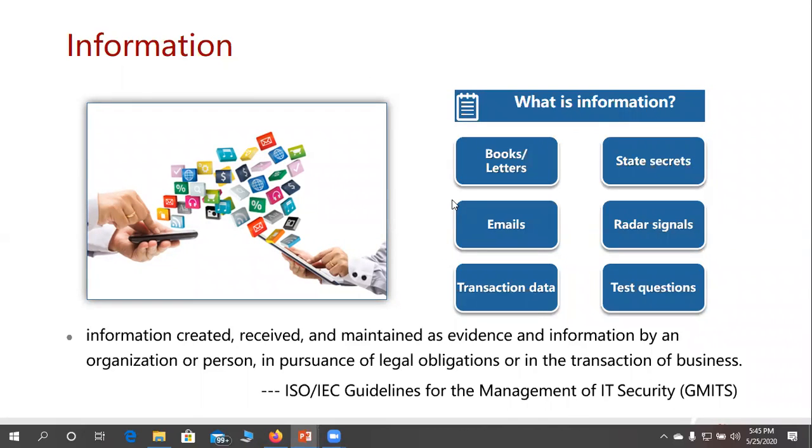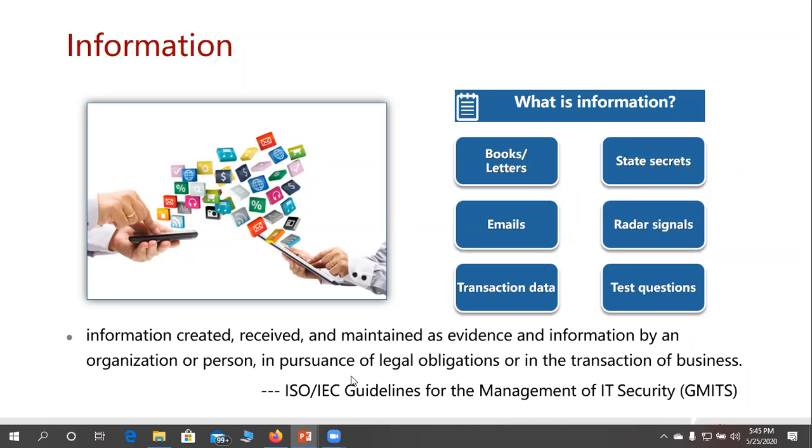Okay. So this information can be in different forms. It can be in form of books, letters, emails, transaction data, state secrets, radar signals, and test questions. This is what we call information, because it makes sense.